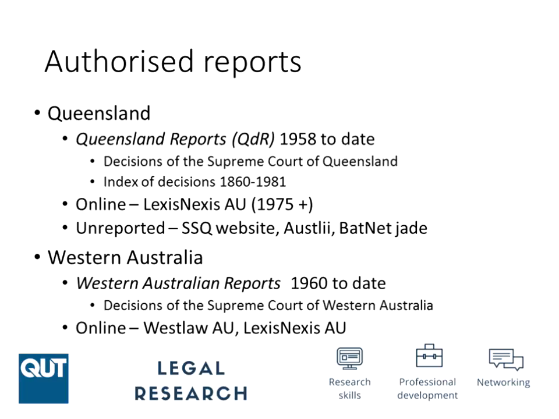At the state levels, the authorised reports, as an example, the Queensland Reports, are online. You can get them from 1975 onwards on LexisNexis. Sorry, that should be unreported is the SCQ. I've got a typo there. So Supreme Court of Queensland website, Austlii. And there's also BarNet Jade as well.